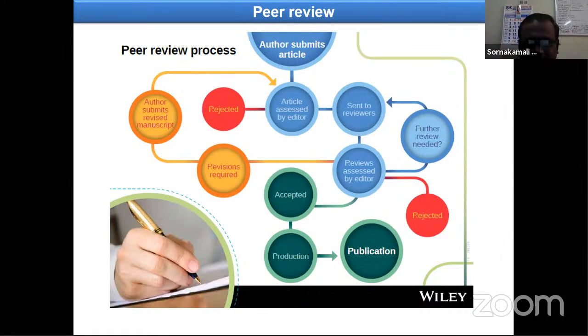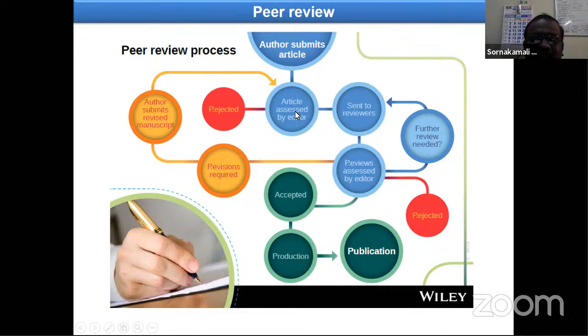After making the paper, we have to submit it to the journal. So after submission, what happens to our manuscript? First, in the case of Wiley and Blackwell, this is the peer review process in the Wiley and Blackwell publishers. First our manuscript is assessed by the editor. If it is worth reviewing, it will be sent to the reviewer.